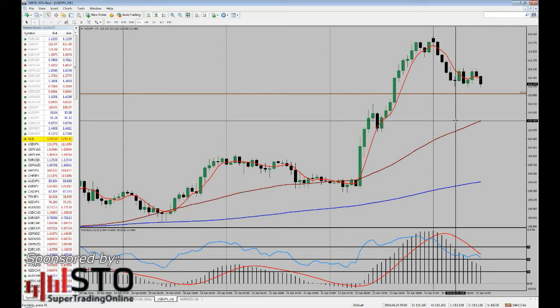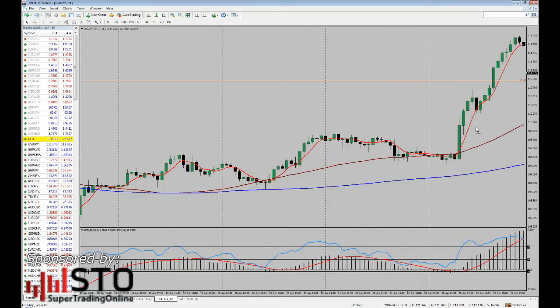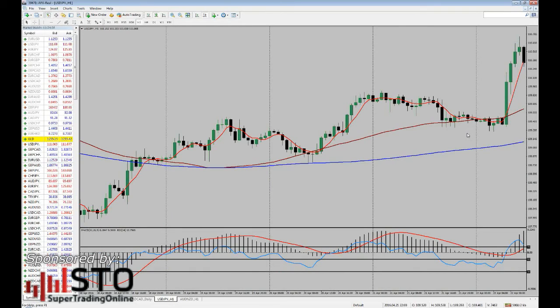Therefore, I would expect this pair to reverse from 110.45, 110.55 level overall, and I believe that it would be a strong level to look for.